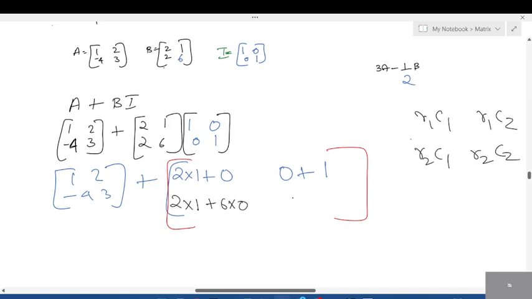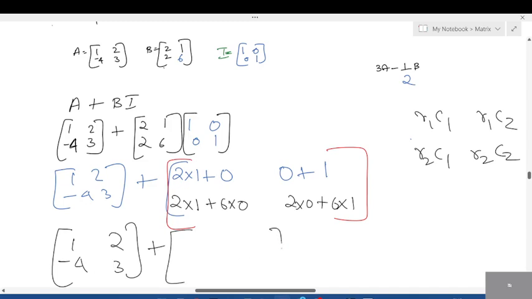This is row 2 and column 2. Plus 6 into, what do you get? 6 into 0 is 6.